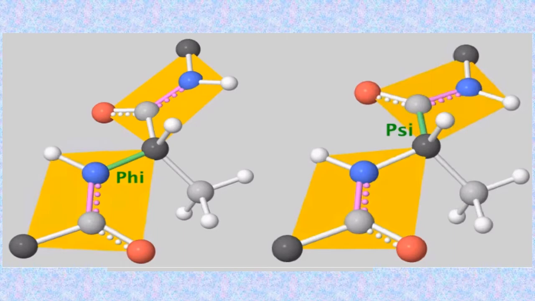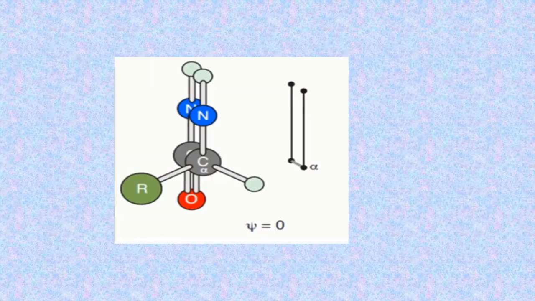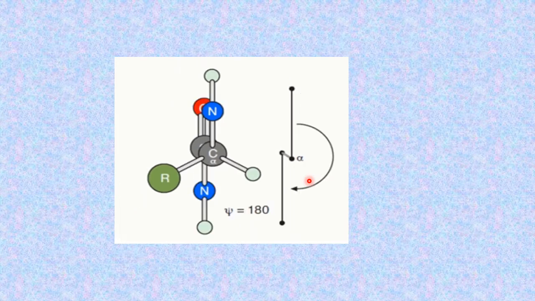That is, they result in different types of secondary structures of a protein molecule. Theoretically speaking, the psi angle can rotate in the clockwise direction. This is the psi angle between the two carbons, and its value may range from 0 degree to 180 degree.